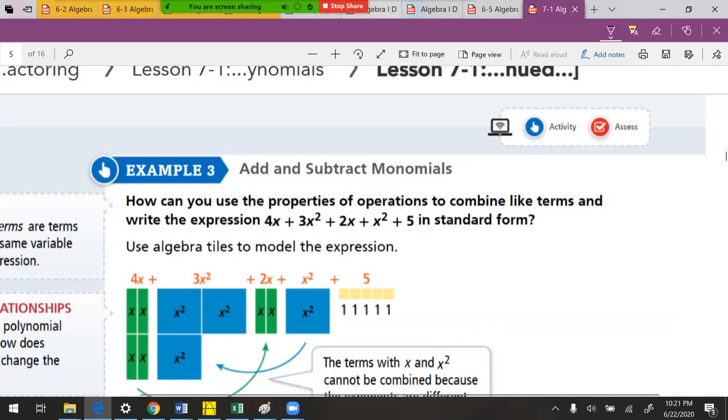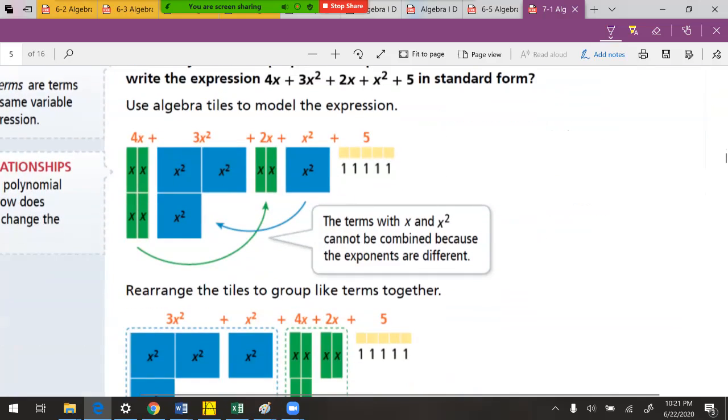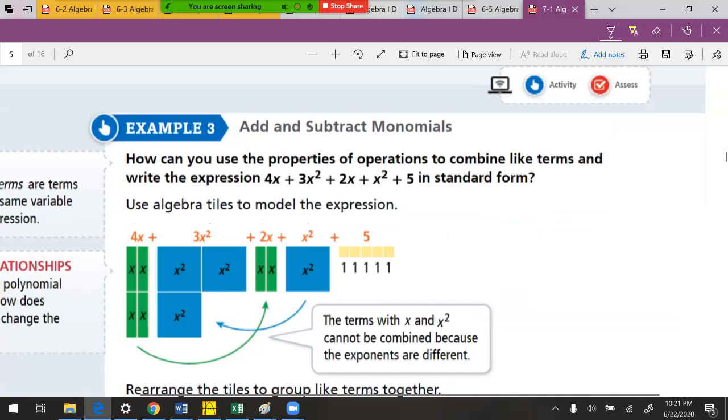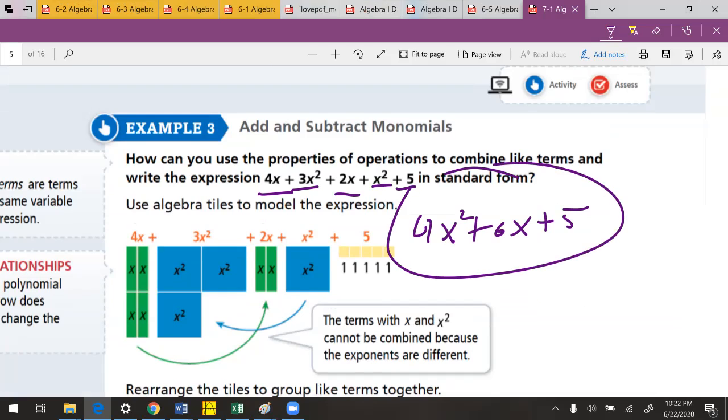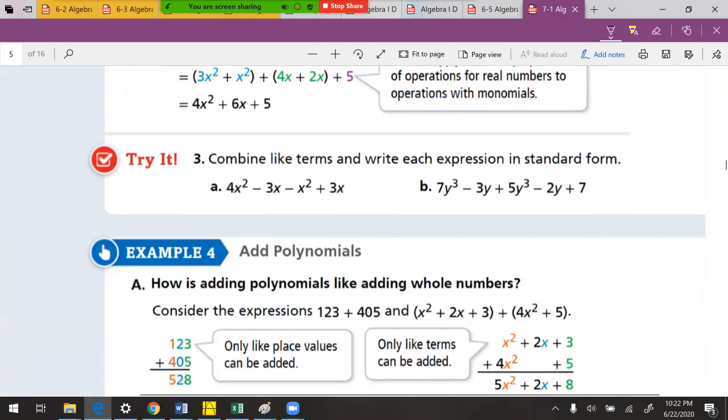Very important. Now we talk about adding and subtracting like terms. You have the ones that have the same degree on top. So notice this, add those up, 4x squared. Now we do the x's, 6x. And then just 5. You got it. That's simple, kids. So now let's look at these here. X squared, 3x squared.